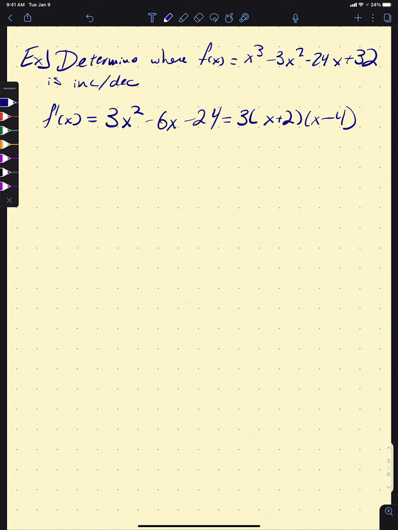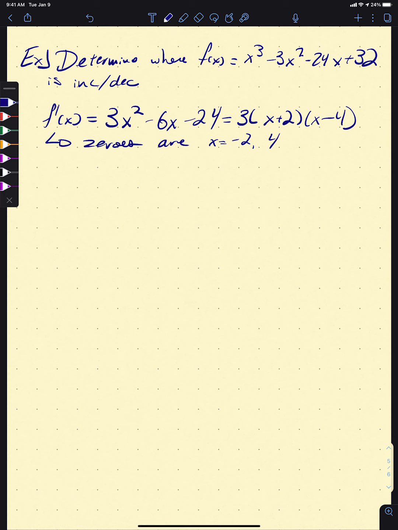And this is continuous everywhere, right? So our observation can apply, right? So we note that the zeros are x equals negative 2 and positive 4, right?